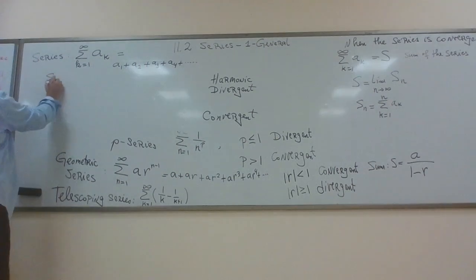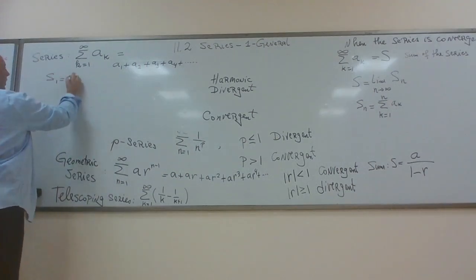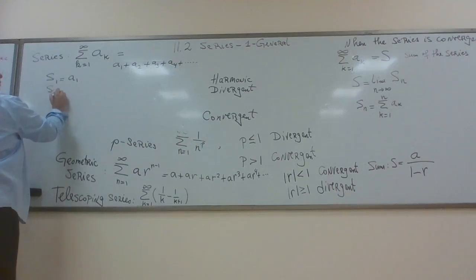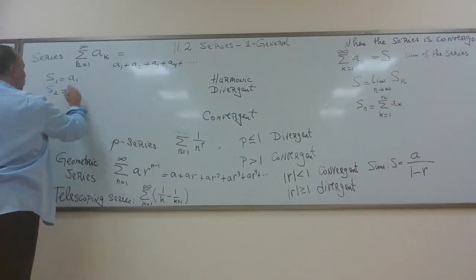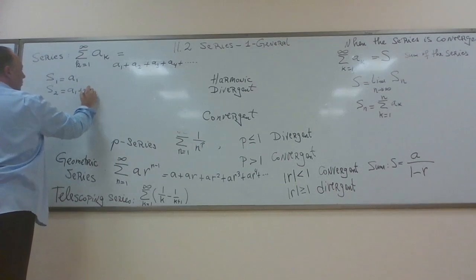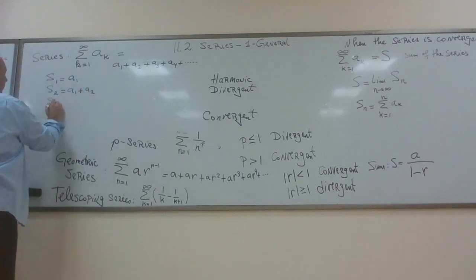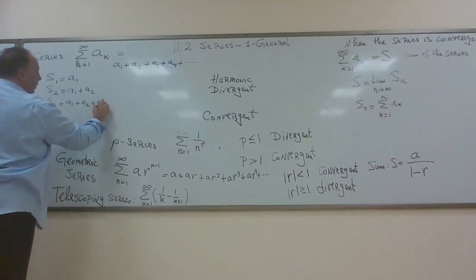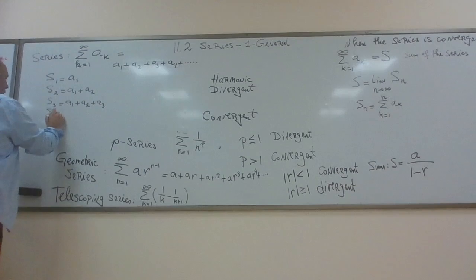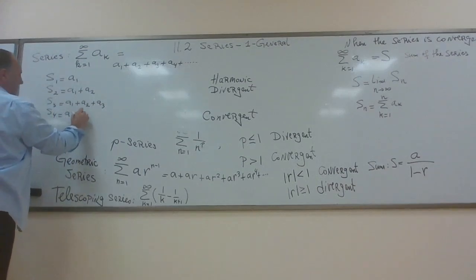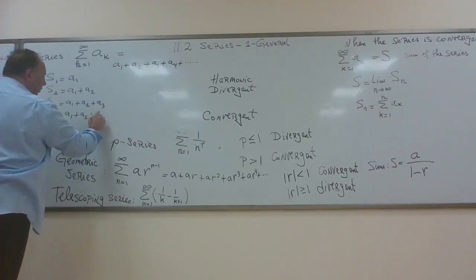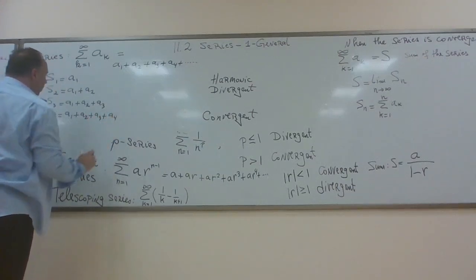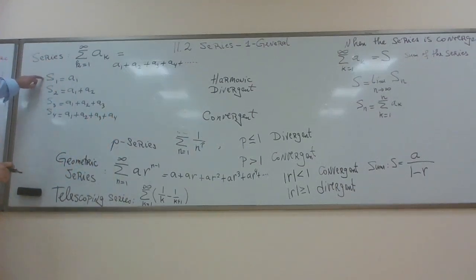S1 would be the first term A1. S2 is A1 plus A2. S3 would be A1 plus A2 plus A3. S4 is A1 plus A2 plus A3 plus A4. So you see that these partial sums, partial because we don't add everything, we just add one piece.